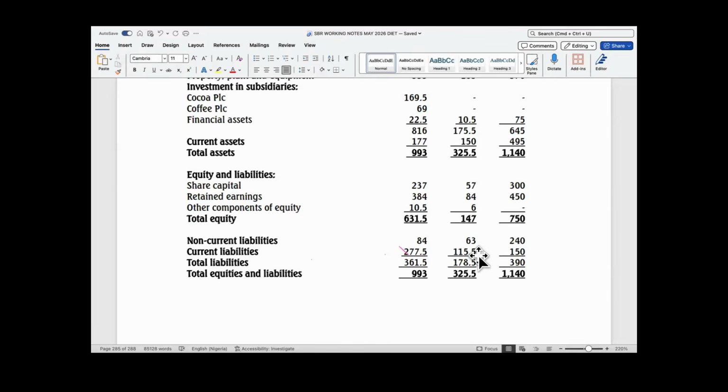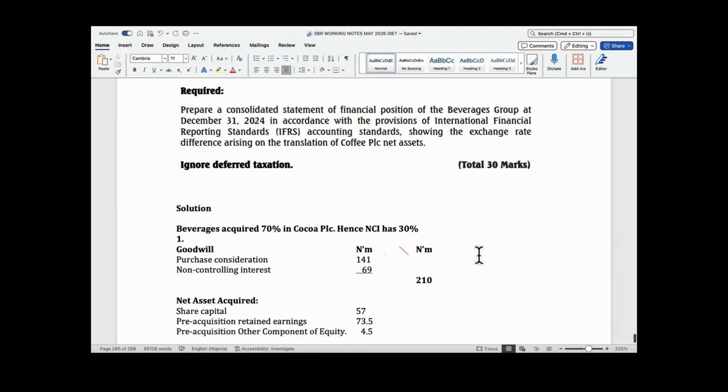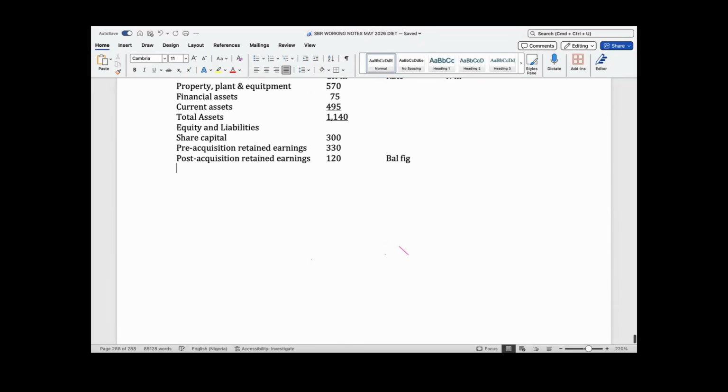I have my current liabilities 150. Then we expect the total also to be 1140.